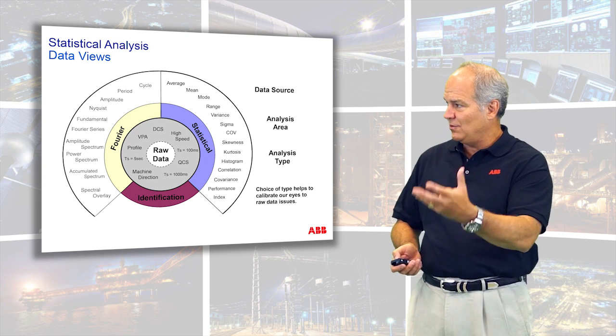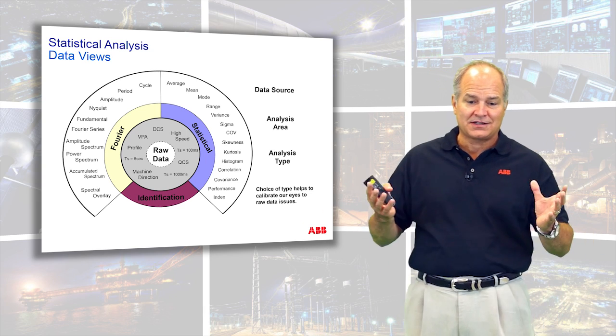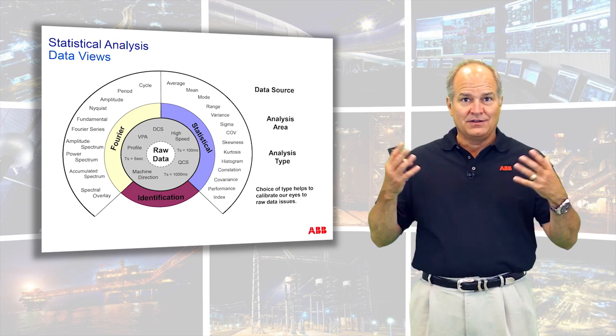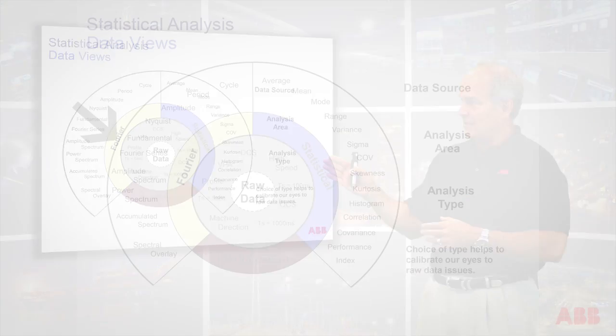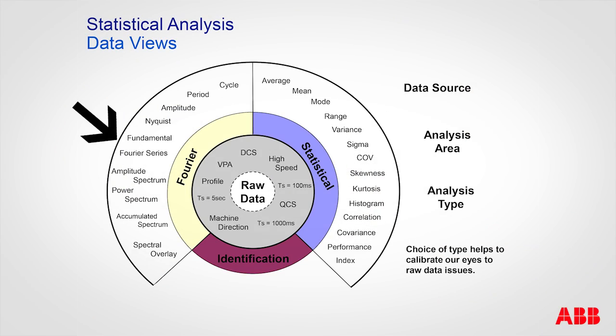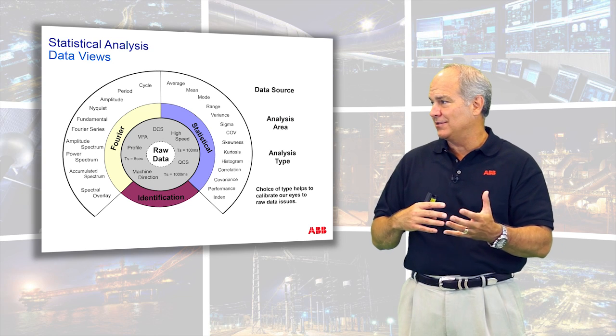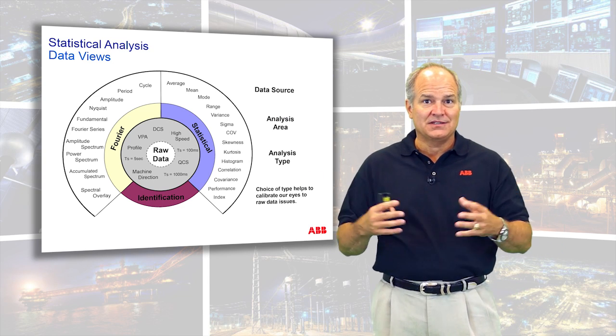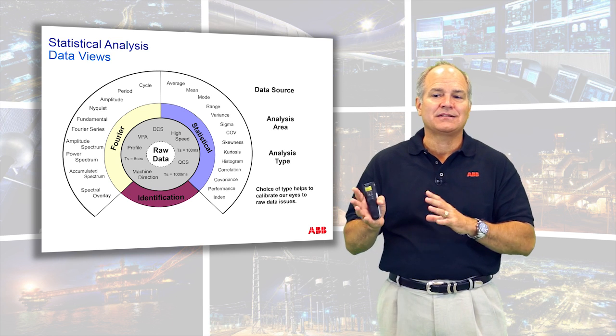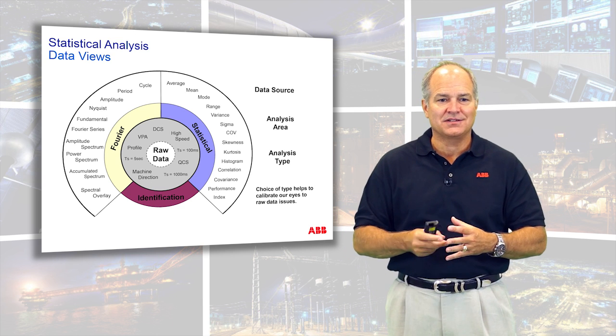In the next session, we will talk about Fourier analysis, which is one of my favorites, I enjoy that one. It's cyclic reduction, variability, period, amplitude, there are Nyquist periods, fundamental frequencies, the Fourier series, Fourier coefficients, amplitude, power spectrums, accumulated spectral density. Woo, what's all that stuff? Well, that's for the next session on Fourier analysis.